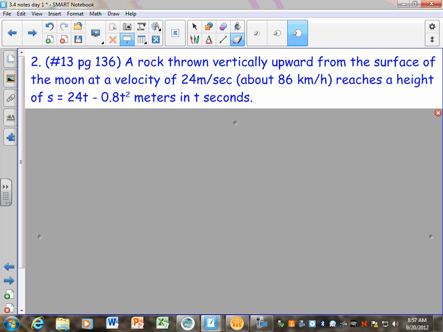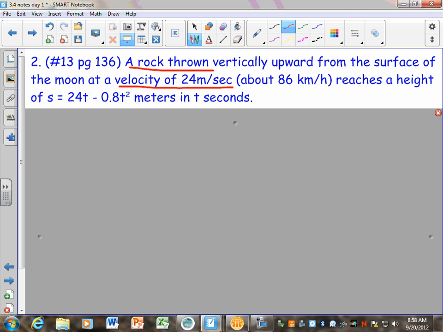A rock is thrown vertically upward from the surface of the moon, which means the gravity is different on the surface of the moon. But you need to say the velocity of 24 meters per second. So you put, a rock is thrown, velocity 24 meters per second.